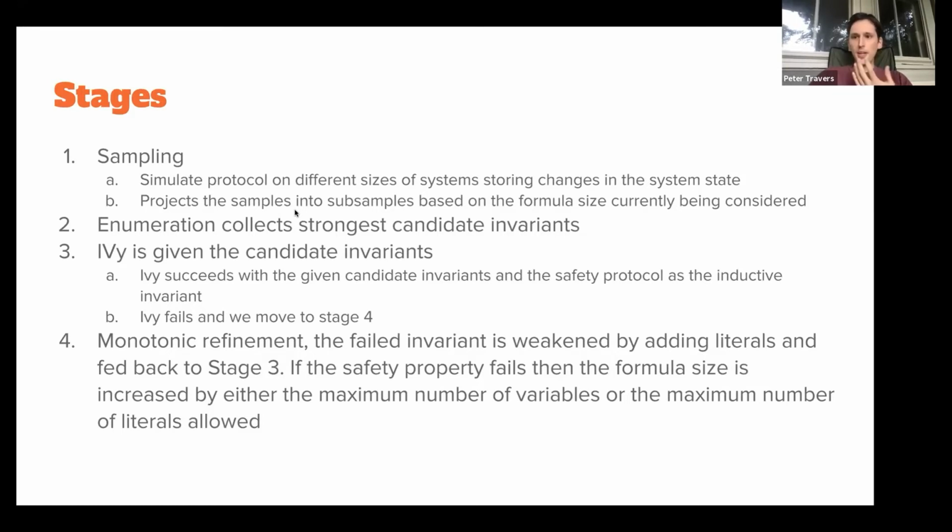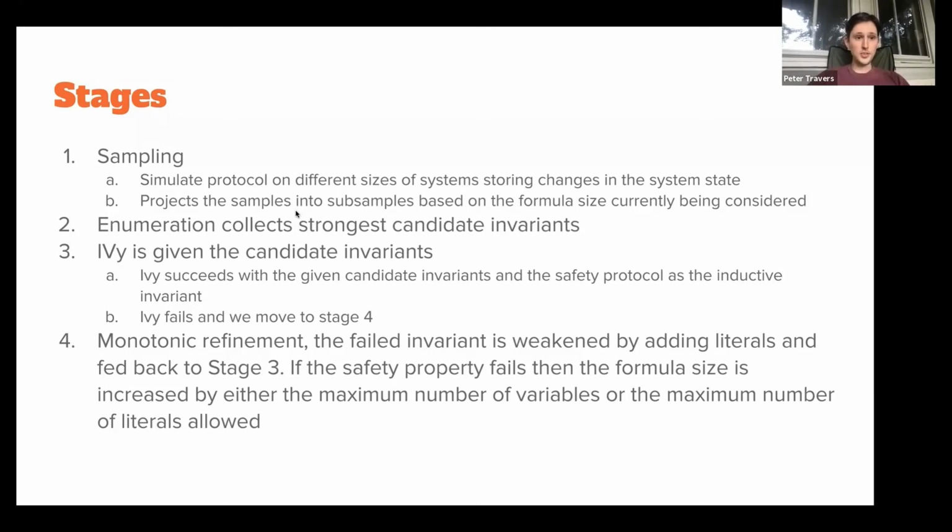I might be getting too deep at this point into something that I probably don't understand totally well enough. But we simulate the protocol on different sizes of systems, storing changes in the system state. We then project these samples into subsamples based on the formula size, so that you might have a formula with 4 or 5 variables in it, and those variables are what the solver is going to change when it looks at whether or not your invariant will hold.